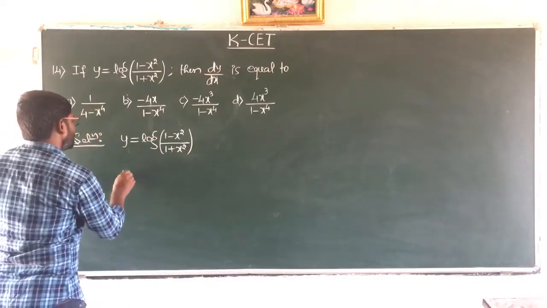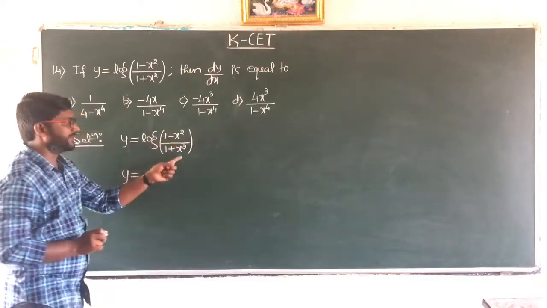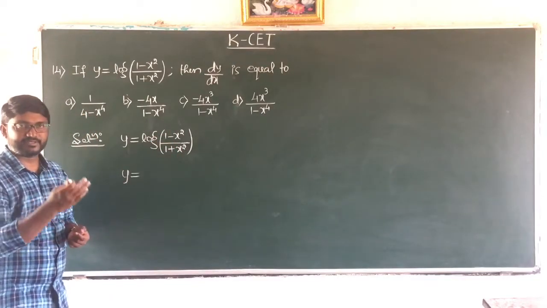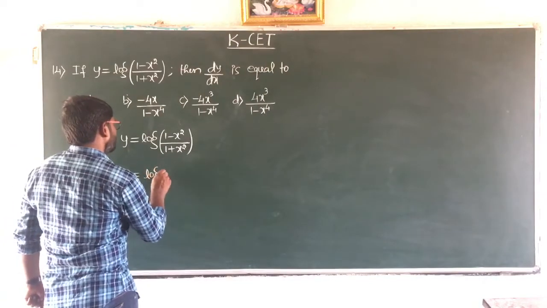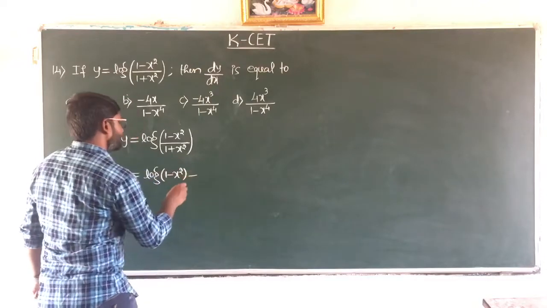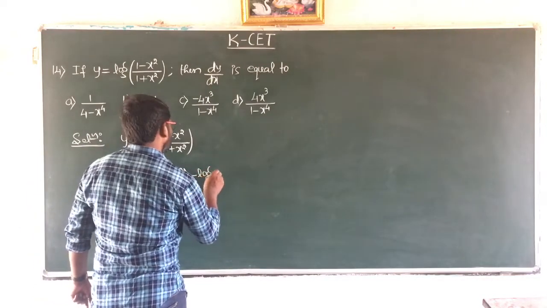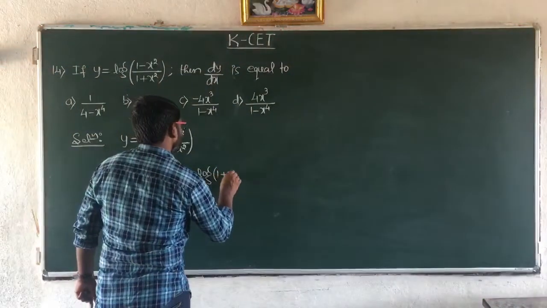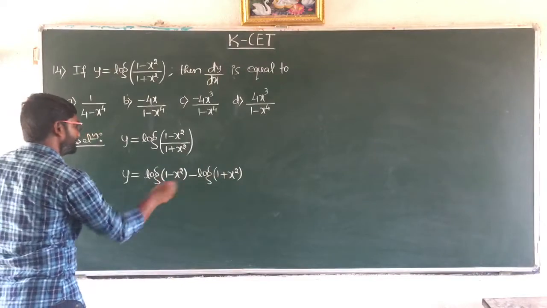So now y is in the form of log of x by y. What is log of x by y? It is log x minus log y. So we get log of (1 minus x square) minus log of (1 plus x square). Now differentiate with respect to x.